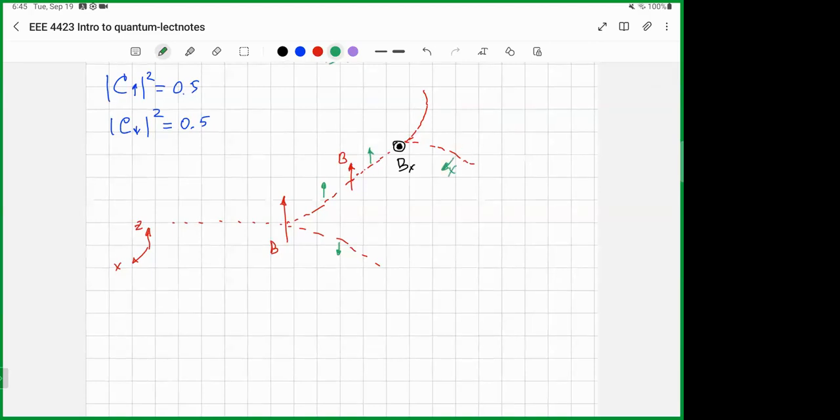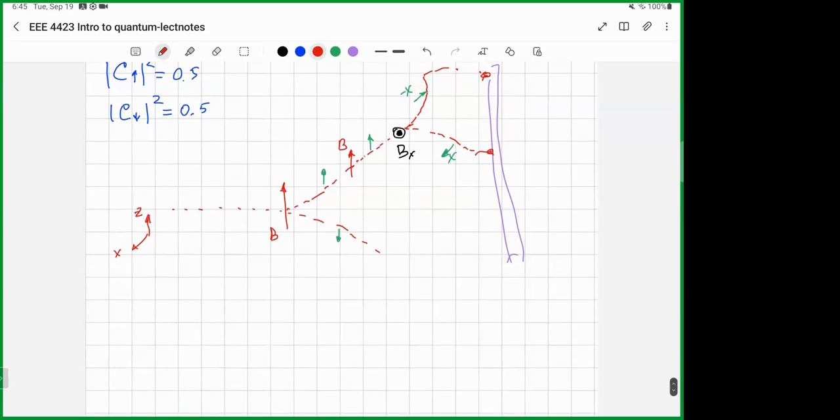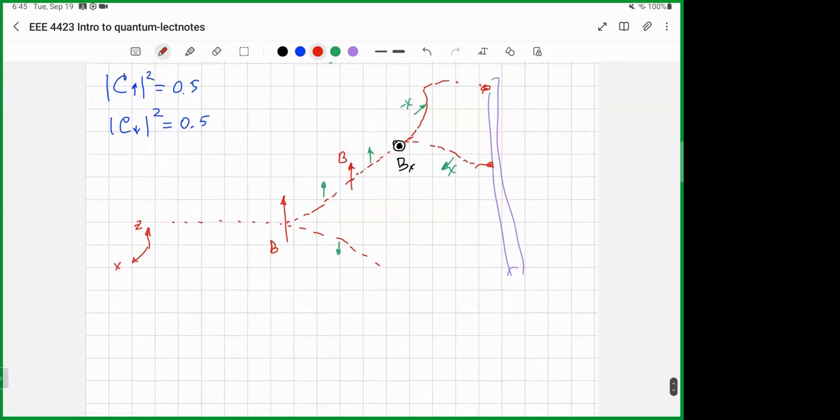So this is the x direction, and this is the minus x direction. Then if I send these particles to the screen, they will again create two other spots here and here, not left and right, but up and down electrons, but in the x direction.